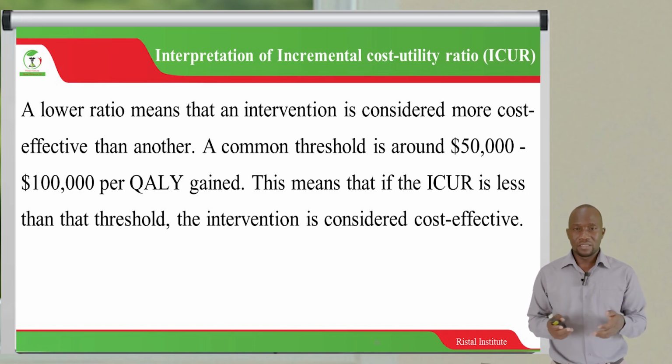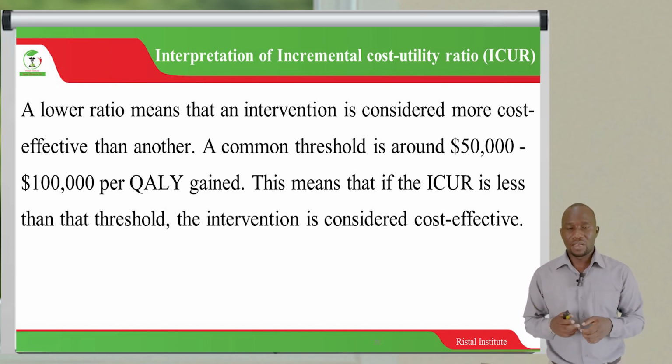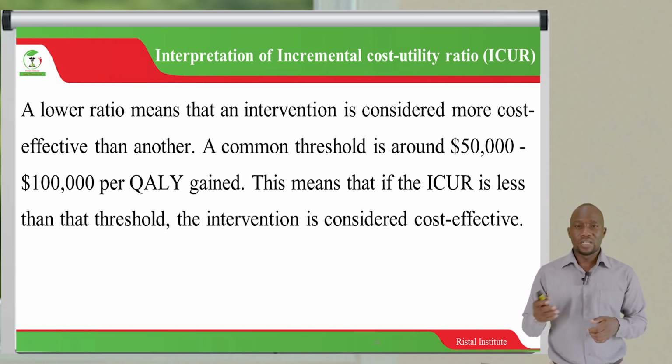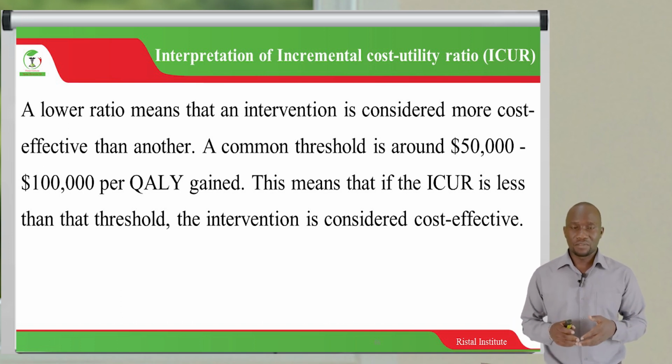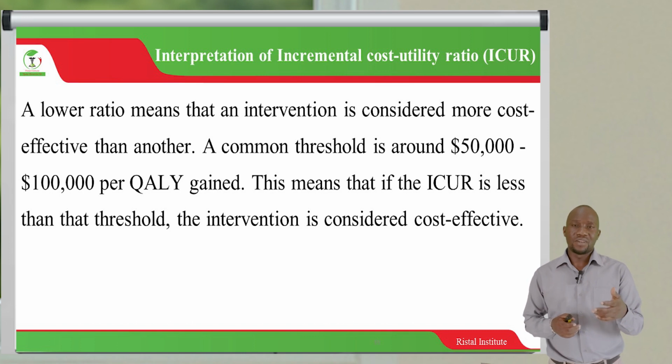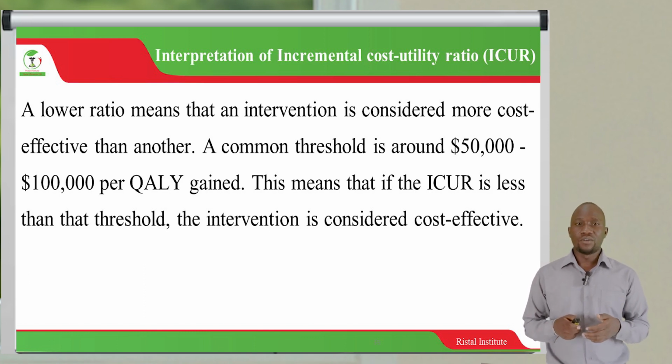Usually, if you get a figure between 50,000 US dollars to 100,000 US dollars per QALY gained, then that intervention is effective. This value may vary from one country to another, but basically, if you have a cost per QALY which is less than 3 times the GDP of a given country, then that intervention is cost effective.